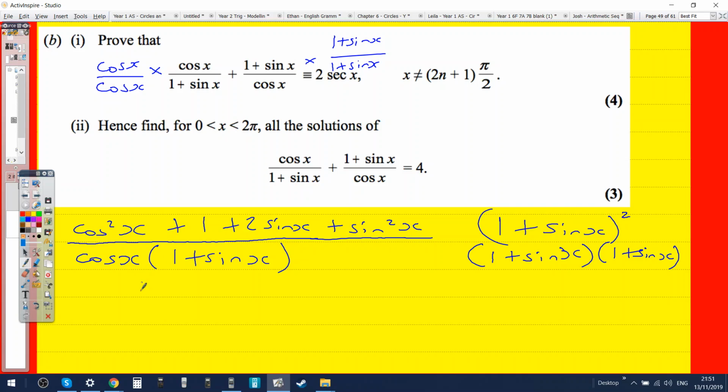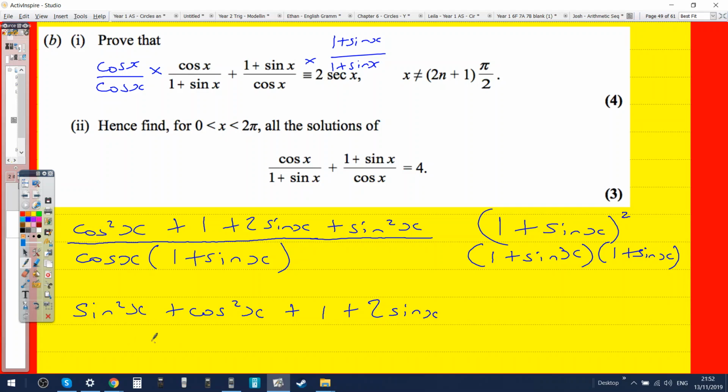What if I rewrote the top as sine squared x plus cos squared x plus 2 sine x plus 1? What is sine squared x plus cos squared x?